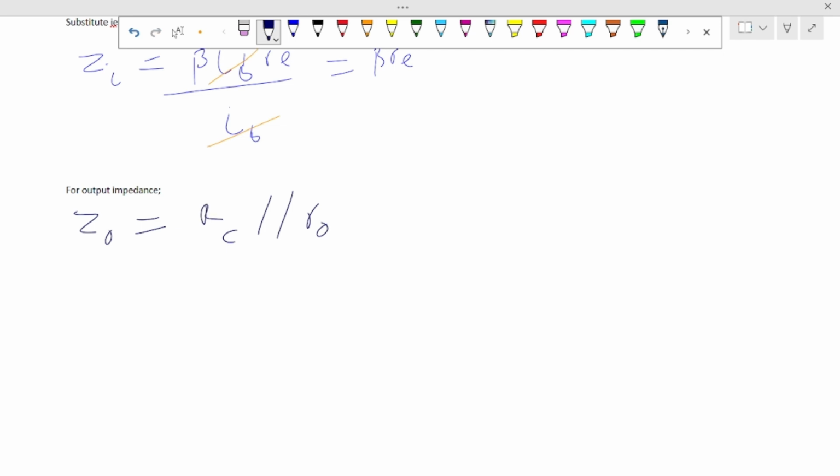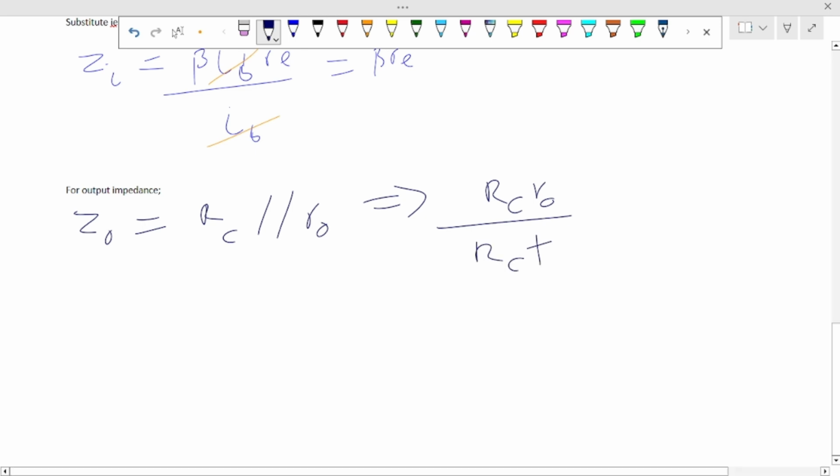In parallel simply means we have them multiplied, RC RO all over RC plus RO.